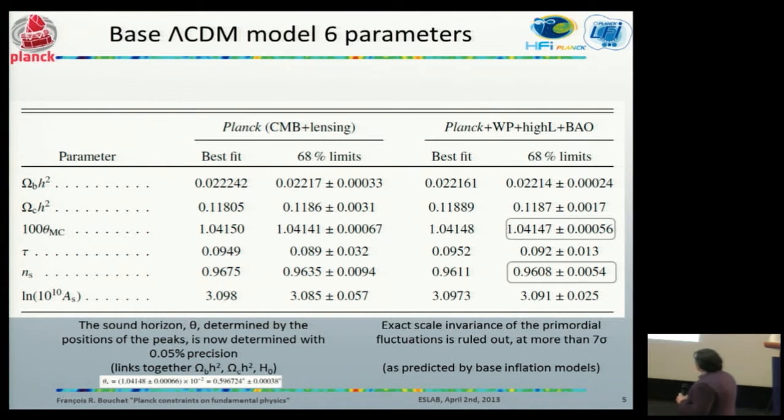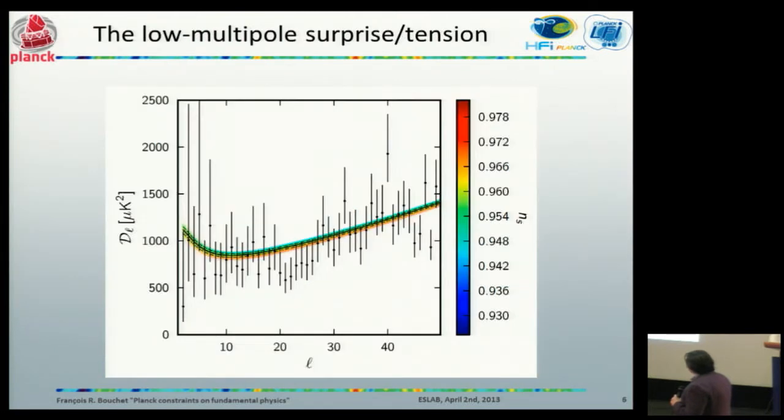Now, George already told you that one of the main results is that the base ΛCDM model fits very well. And when we pull BAO in, this is a 7 sigma detection ruling out the Harrison-Zeldovich scale-invariant spectrum.